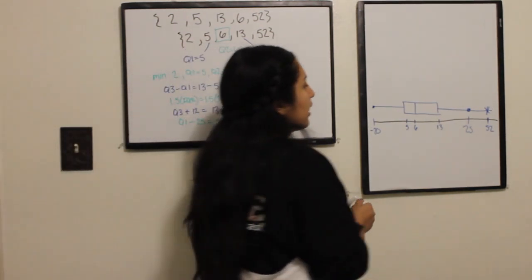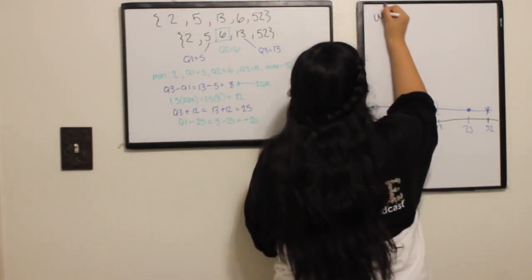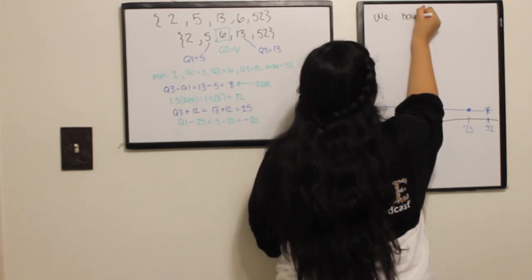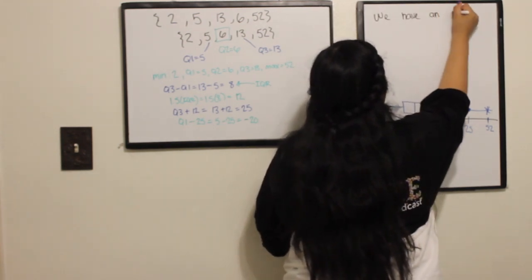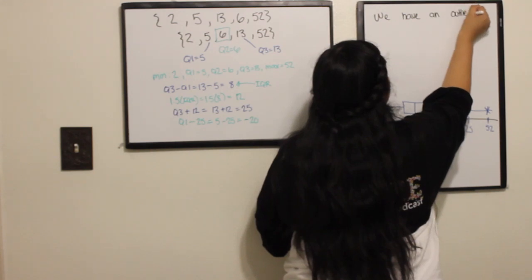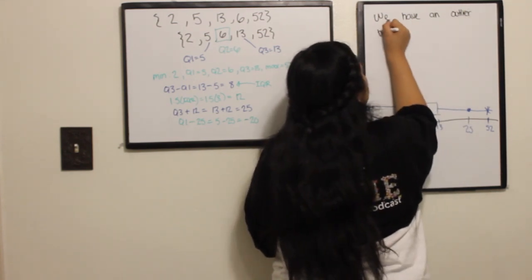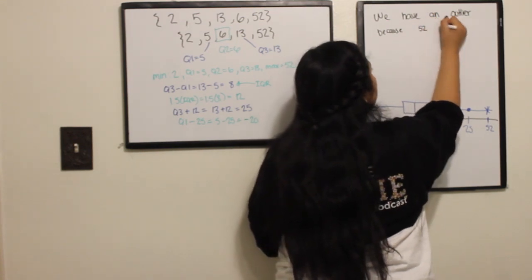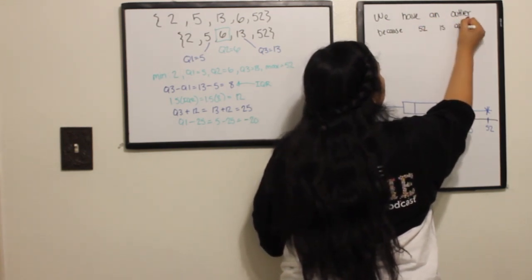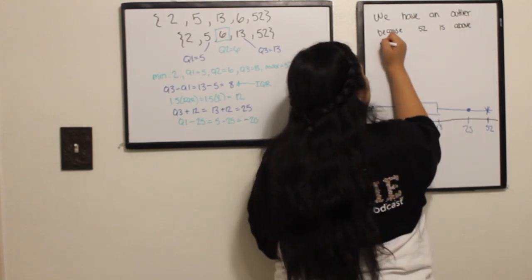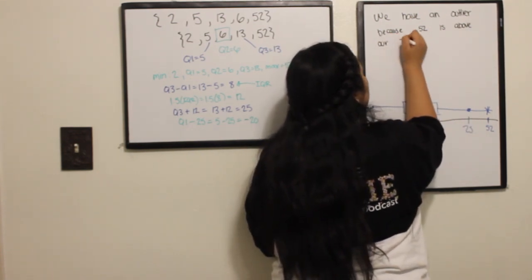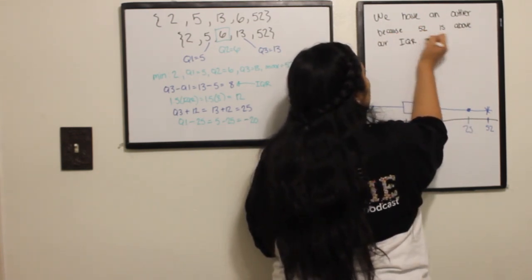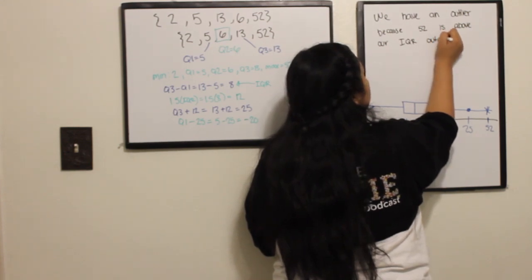So in the end, we have an outlier because 52 is above our IQR outcomes.